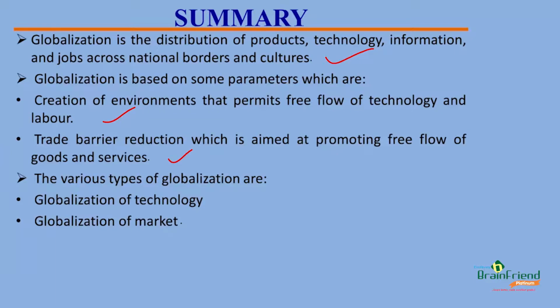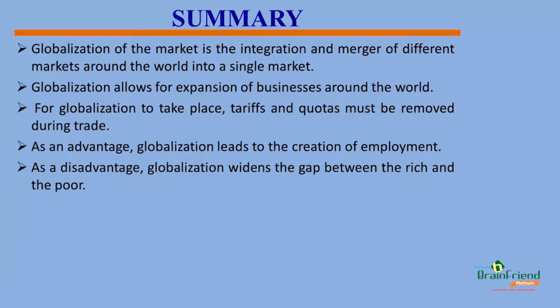Furthermore, we learned that some of the various types of globalization are globalization of technology and globalization of market. We also learned that globalization of the market is the integration and merger of different markets around the world into a single market. Next, we learned that globalization allows for expansion of businesses around the world.